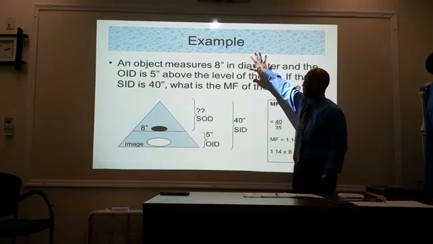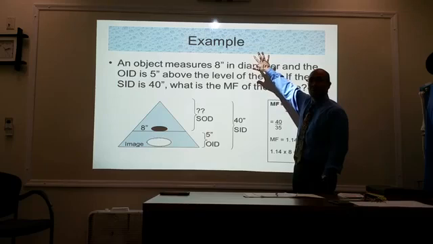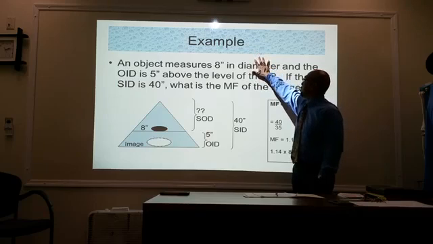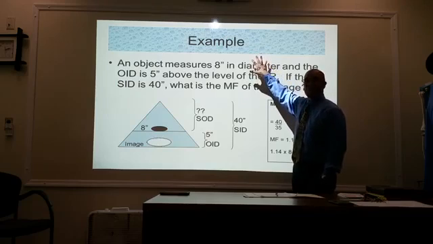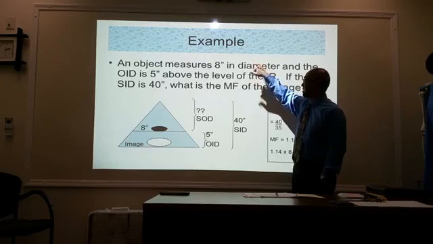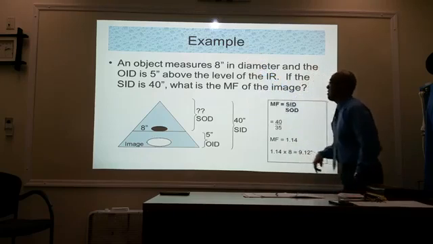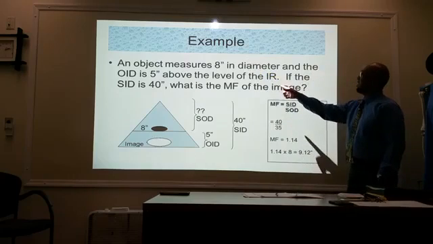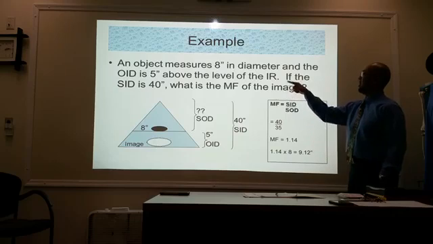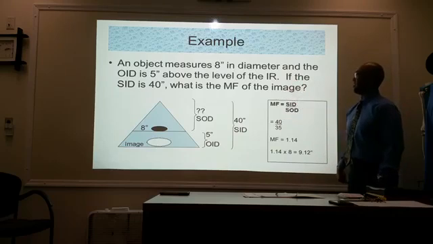See how my hand is already getting larger, the shadow of it? We need to determine what the projected image size is going to be. The projected image size is the shadow of my hand. So it's 5 inches above the image receptor, and the SID is 40 inches.